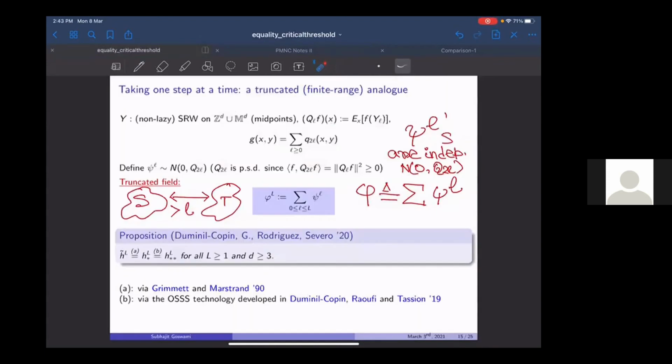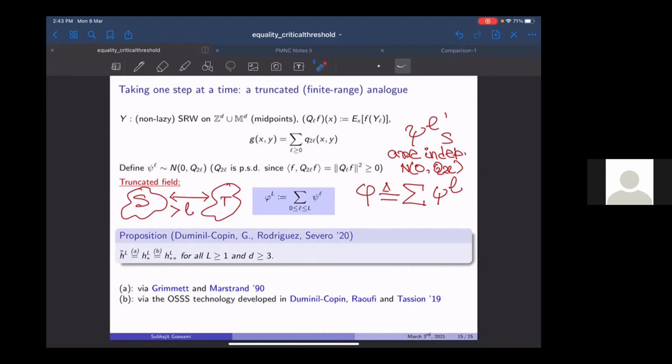So what Duminil-Copin, Raoufi and Tassion did in this Annals of Mathematics paper is use this OSSS inequality, which actually appeared in an earlier paper, and one of the S's is Schramm, as you probably might guess. They provided a way to use that inequality to derive Menshikov's inequality. And as a consequence, they proved it for the random cluster models in all dimensions.